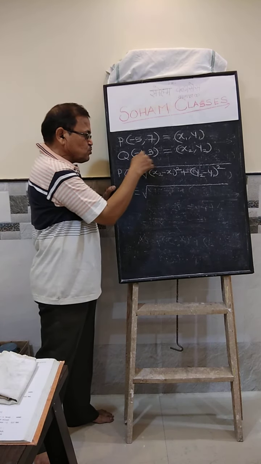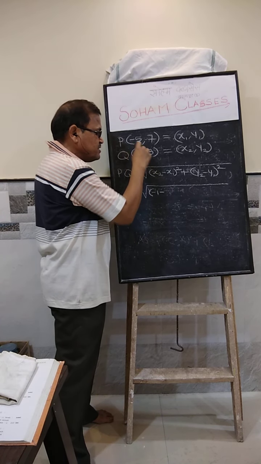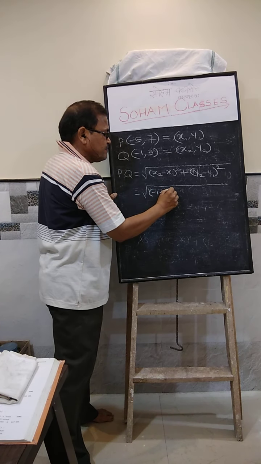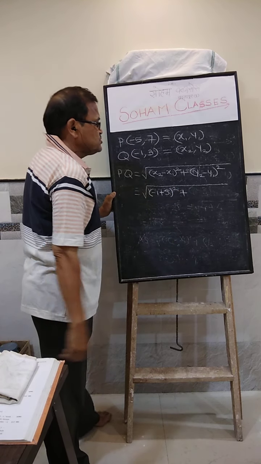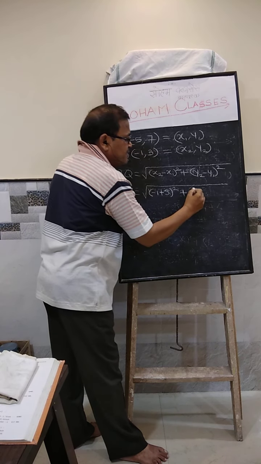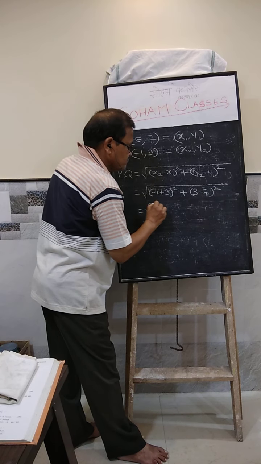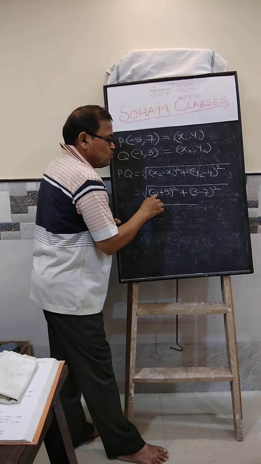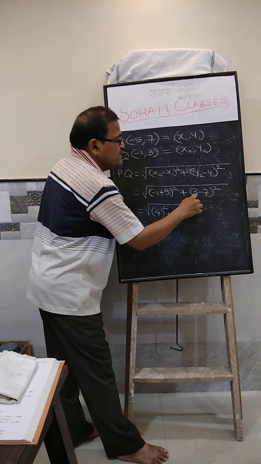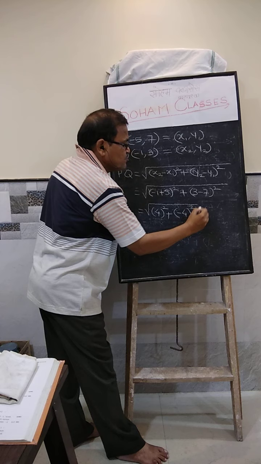Putting the values, x2 is minus 1 minus 5, so minus 5 becomes plus 5, bracket square, plus y2 minus y1, this means 3 minus 7, bracket square. So minus 1 plus 5 gives 4 bracket square, plus 3 minus 7, we get minus 4 bracket square.